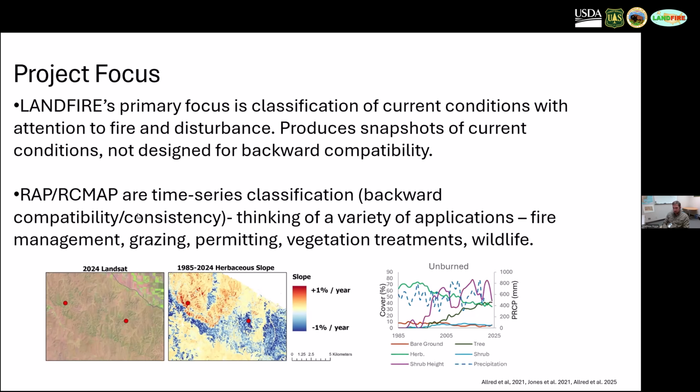So I show an example here on the bottom of what you can see with fractional veg data. I think a lot of us have played around with this as well. In this case, it shows the value of looking at that long time series record here in southern Nebraska, showing the widespread pattern of increasing tree cover through time, resulting in a reduction in herbaceous cover except in burned areas.